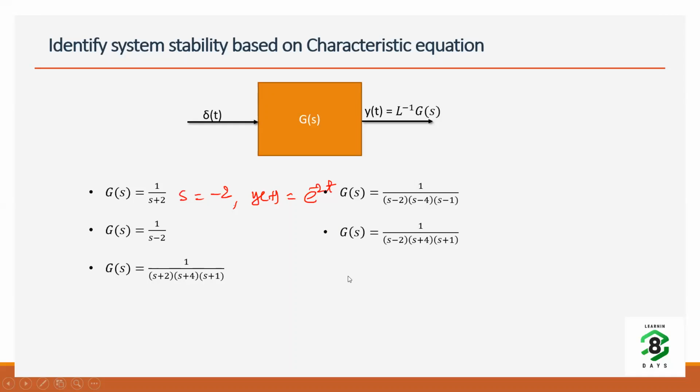And what happens if you have a combination of them? It does not matter how many roots have negative value. If you have only one root with positive value, which is s equal to 2, then the system is unstable, because this term itself will keep growing. So it's a simple concept. You just need to find at least one root with a positive value.